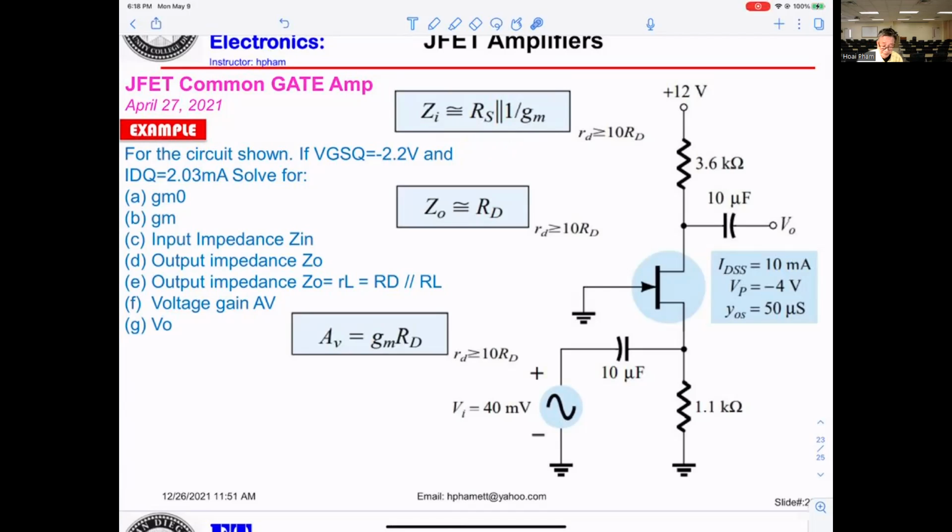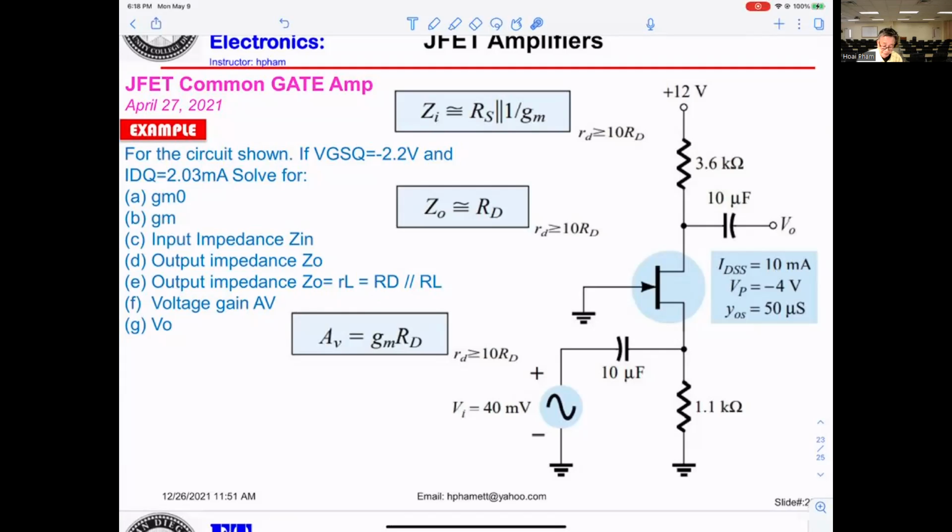Output impedance, Z out, will be equal to RD. Okay. Output impedance equals RD parallel with RL if you get the output load resistance. Okay. If you don't have it, then they just use RD.